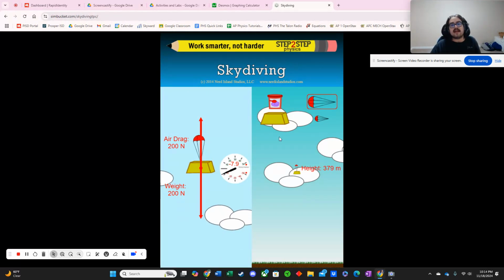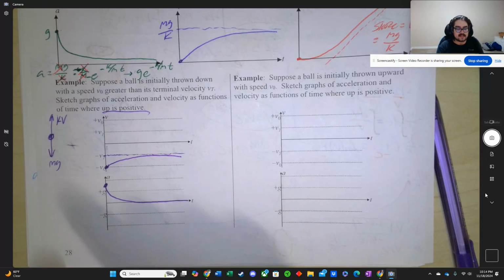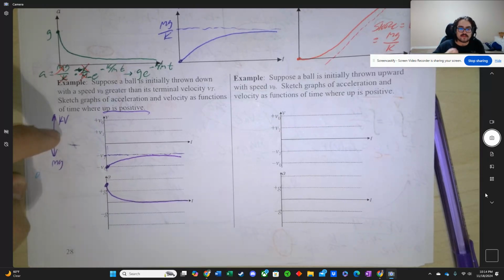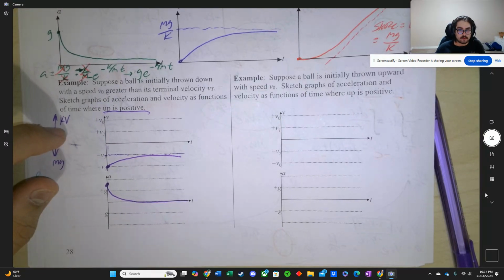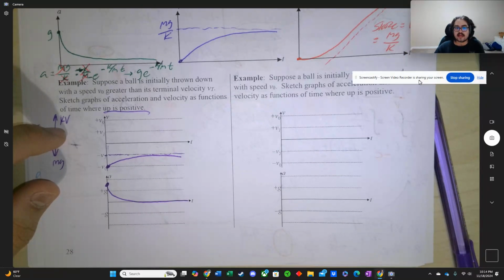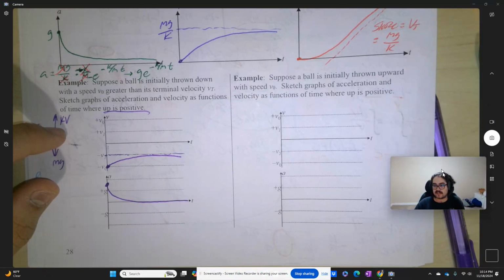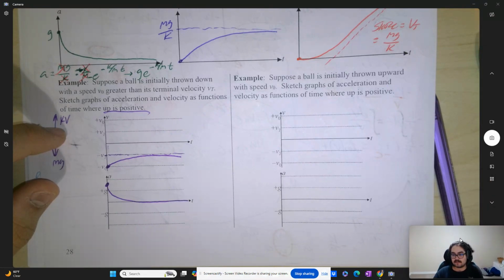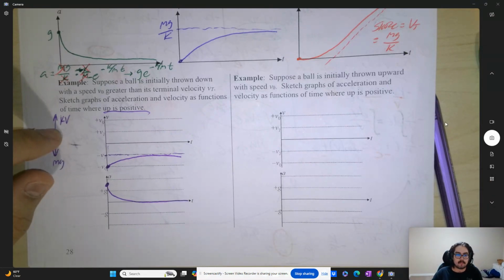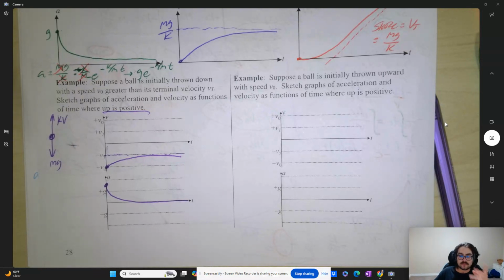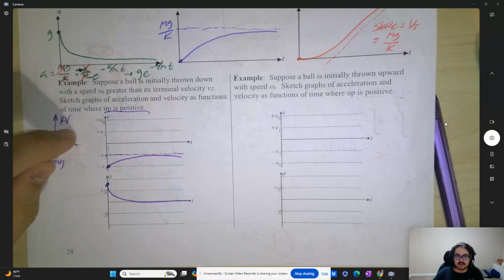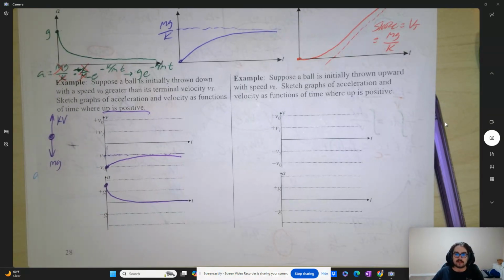Now, that's an example of that, but another way to explain it is that you know the drag force is directly proportional to velocity, and you throw the object down with a strong amount of velocity. If you're throwing it down with a high velocity, you're giving it high v, which increases the drag force on it.